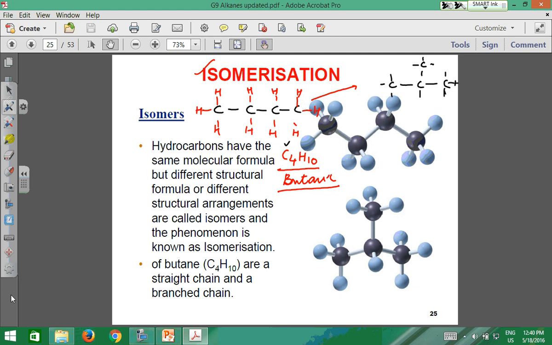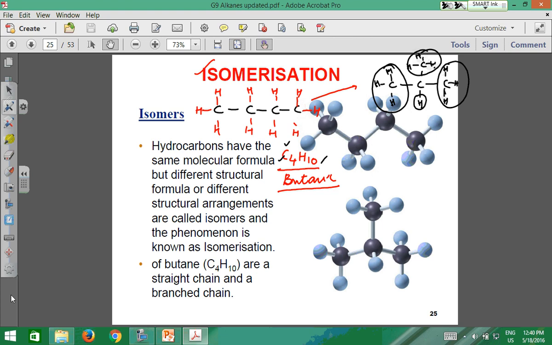So let me put all hydrogens here. Now you see, the structure is different. This is one structure and this is another structure, they are different. But the molecular formula will be the same. 1, 2, 3 and 4 carbons. Hydrogen 1, 2, 3, 4, 5, 6, 7, 8, 9, 10.